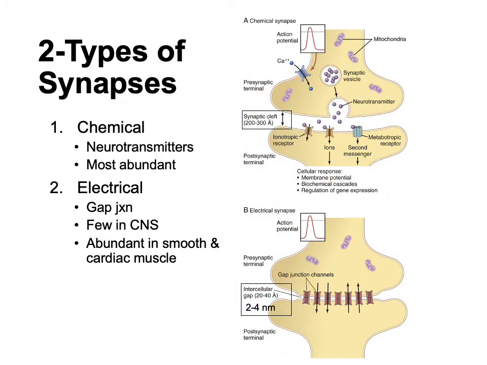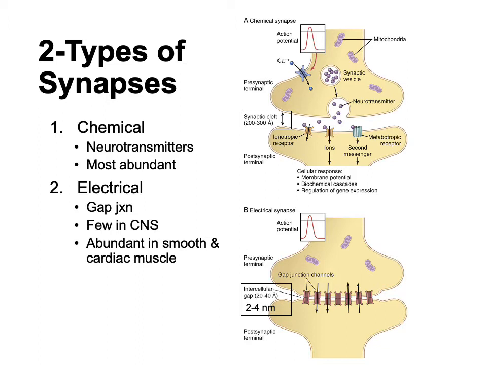There are two types of synapses in the nervous system. There's the chemical synapse, which is the most common one, and we will talk most extensively about that one. The chemical one uses neurotransmitters for communication. The second one is an electrical synapse, and that uses mostly gap junctions where the ions from one neuron will just flow through to the next neuron to stimulate the receiving neuron.